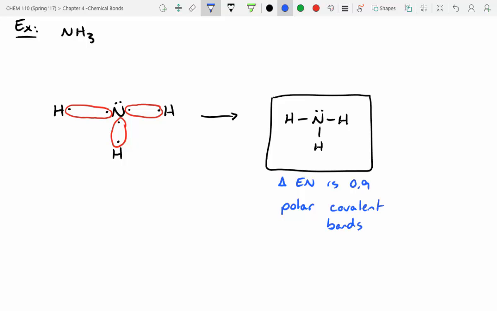Now we need to indicate all of the dipoles by using either arrows or that notation. This nitrogen is pulling electron density away from that hydrogen. It's also pulling electron density away from that hydrogen, and it's pulling electron density away from that hydrogen. So you can actually show 3 different arrows. Have any of you taken physics yet?